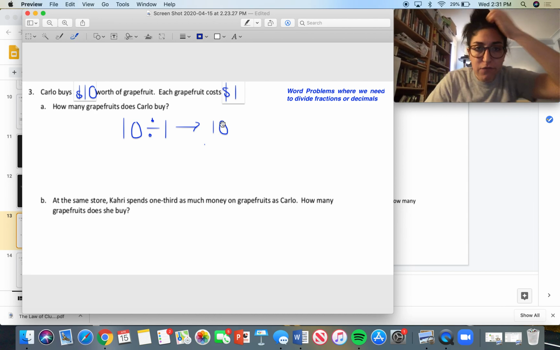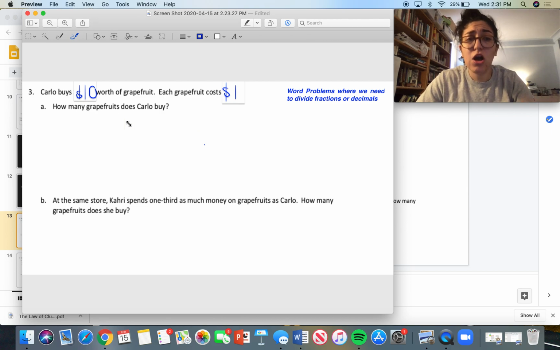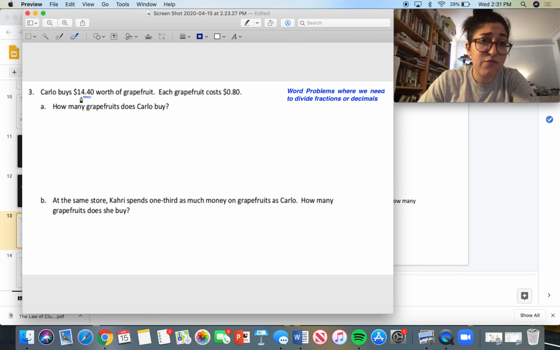The thing that might be confusing us is how do we do it with decimals? So what we just went over was the concept here. What I want you to get out of that is that if you're confused by the decimals, do yourself a favor, take the decimals out, put in numbers that are comfortable to you, and see if you could then figure out what you should be doing.